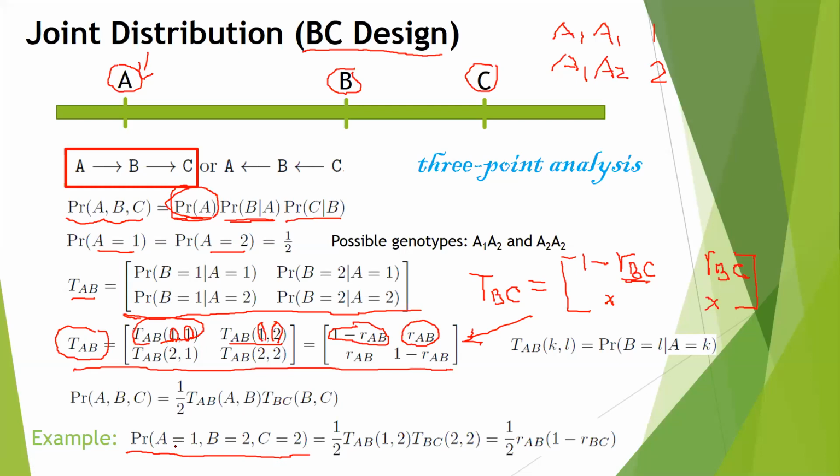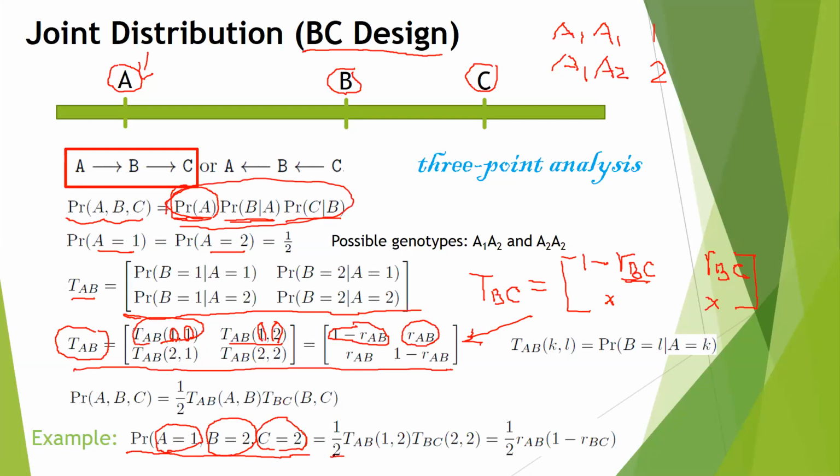You want to calculate the probability that the progeny has genotype 1 for A, genotype 2 for B, and 2 for C. This is a very typical example, and we can use this joint probability here.